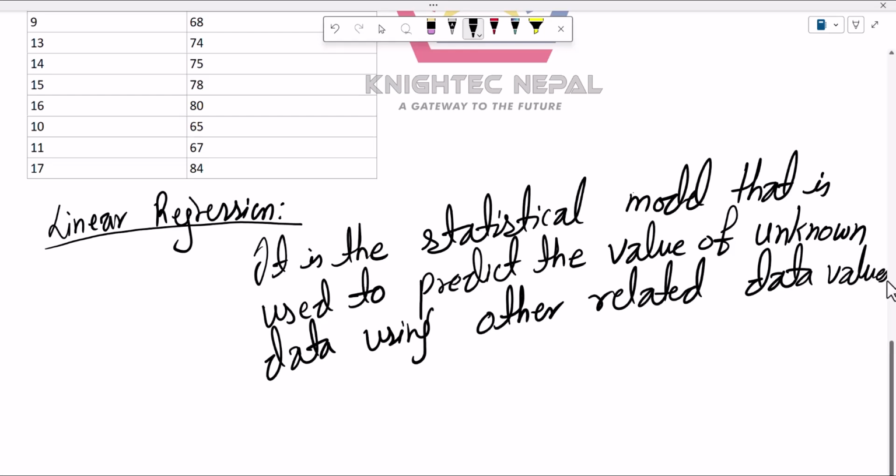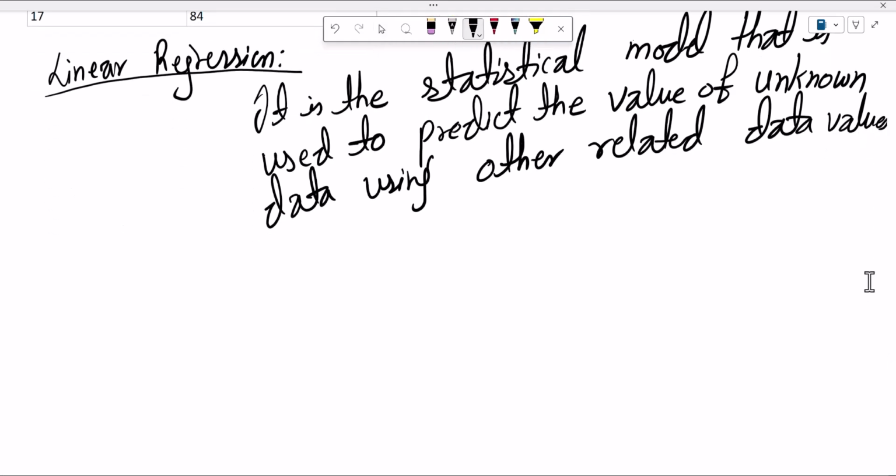This is the definition of linear regression. Basically, linear regression is used to study the relationship between a dependent variable and an independent variable. Before moving on to the numerical part, I will explain what regression is and what the formula for solving linear regression is. So stay tuned.